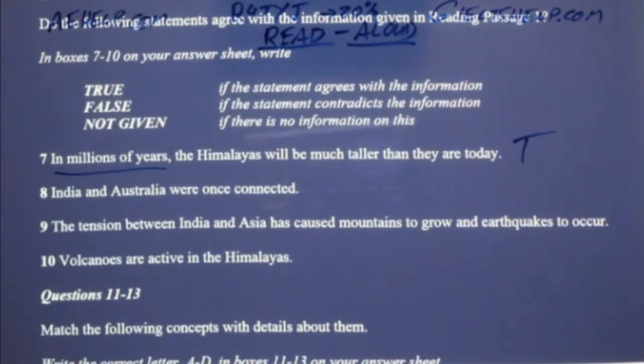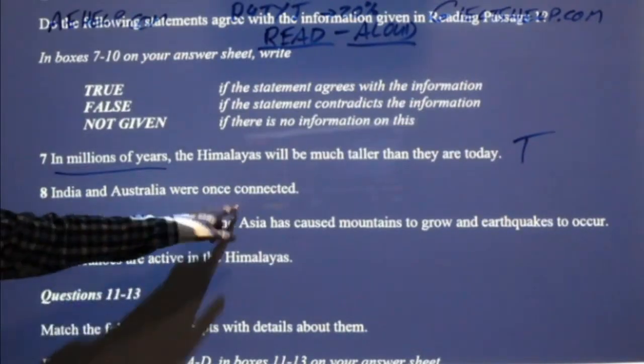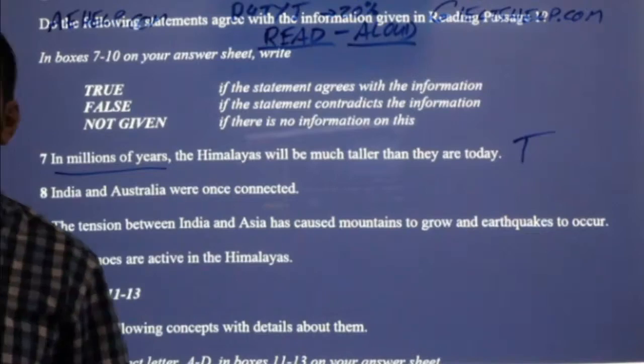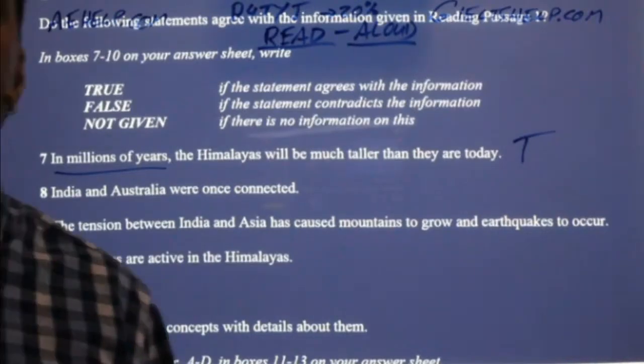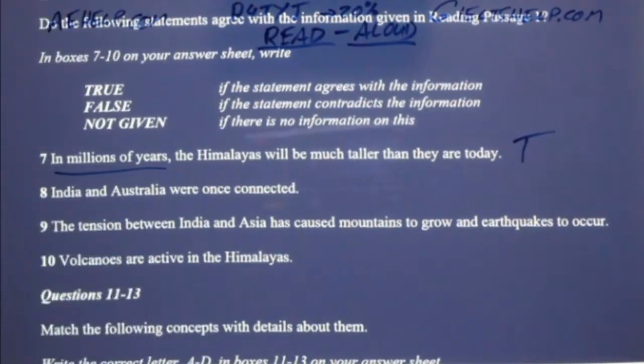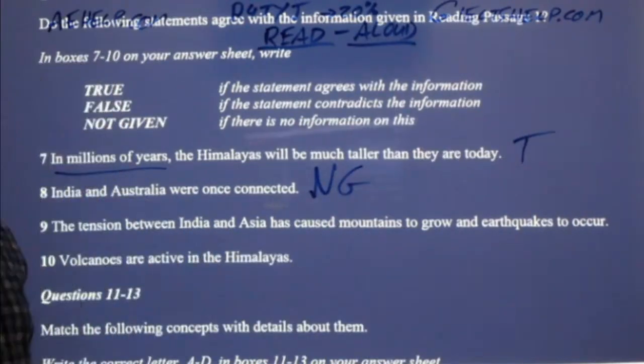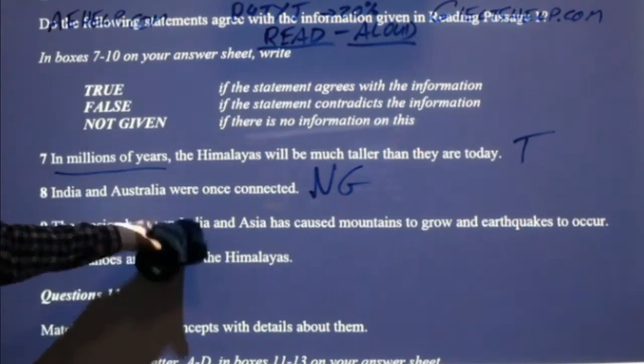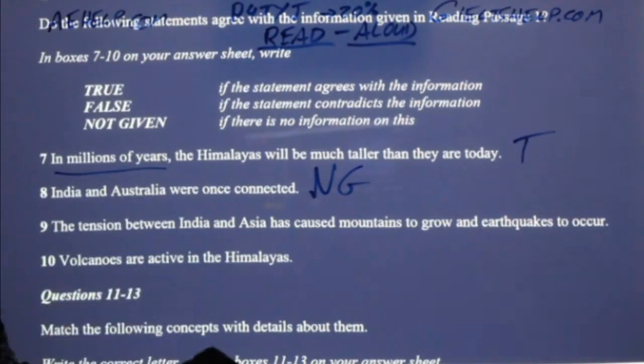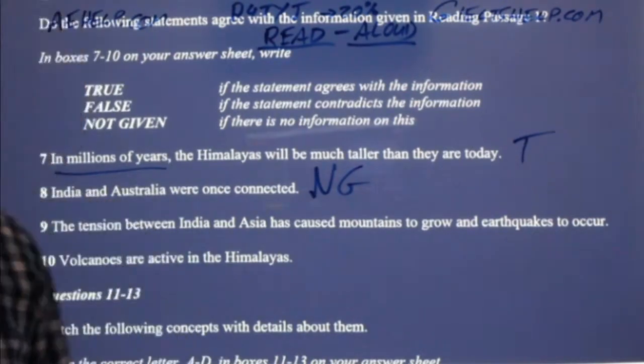India and Australia were once connected. Is it important to know this for the text? Not really. So I would go with not given here. I didn't visualize it, and I don't think it's important to know whether or not India and Australia were connected. We don't know that. It's not important, so it's not given.